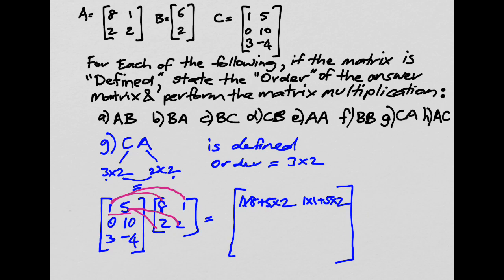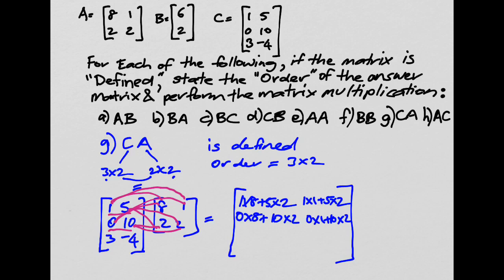And then working with the second row, we've got 0 times 8 plus 10 times 2. And then 0 times 1 plus 10 times 2, working with that second column.